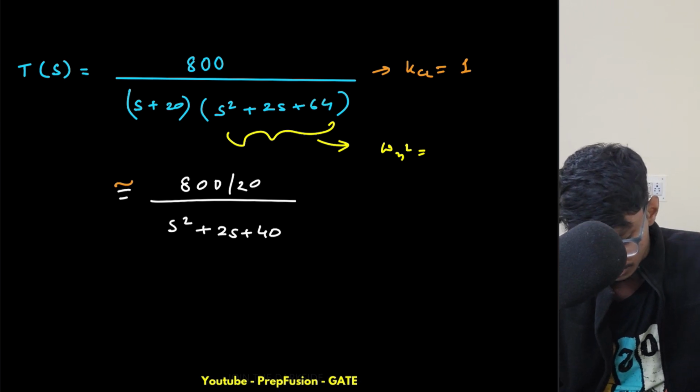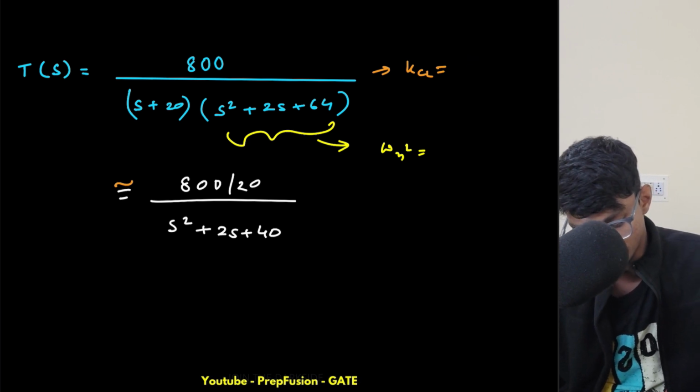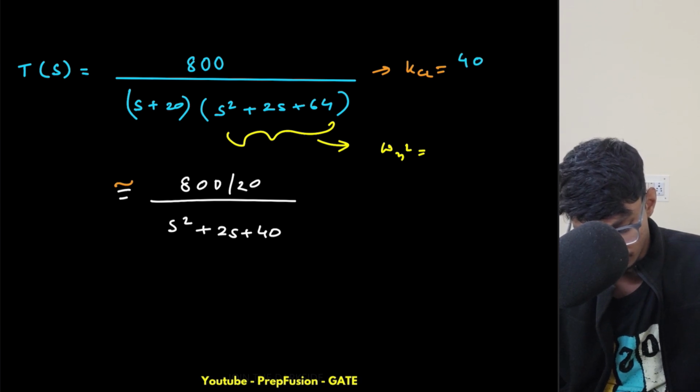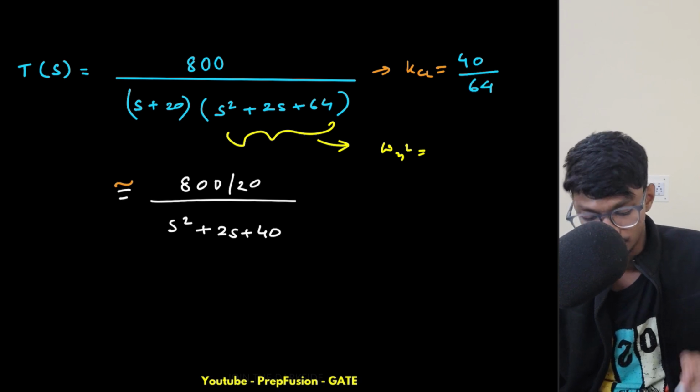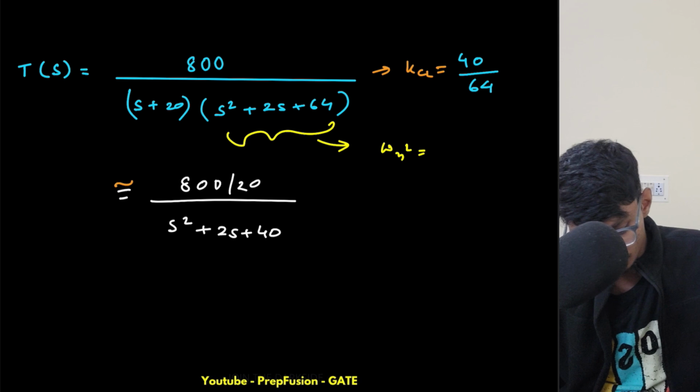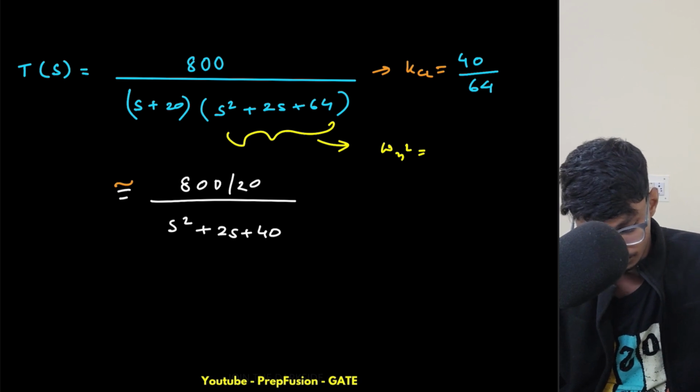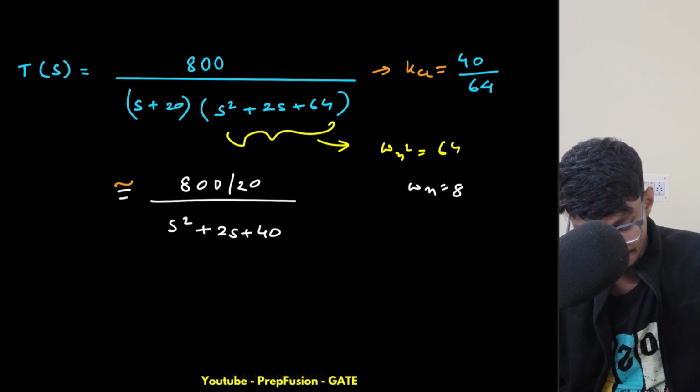And DC gain this time will become 800 by 20 into 64, so DC gain will become 40 by 64. Now omega n square from here will be obviously 64. So omega n will be 8 itself.